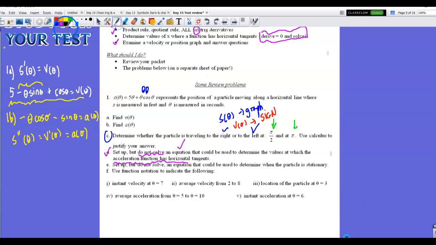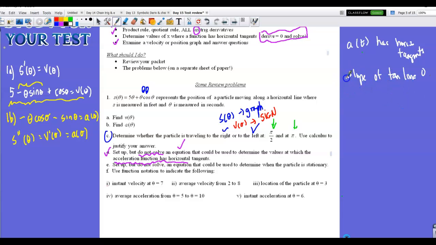Okay. So for acceleration, I want to know when A of t, I don't have the graph, has horizontal tangents. Think. That means, when is the slope of the tangent line 0?